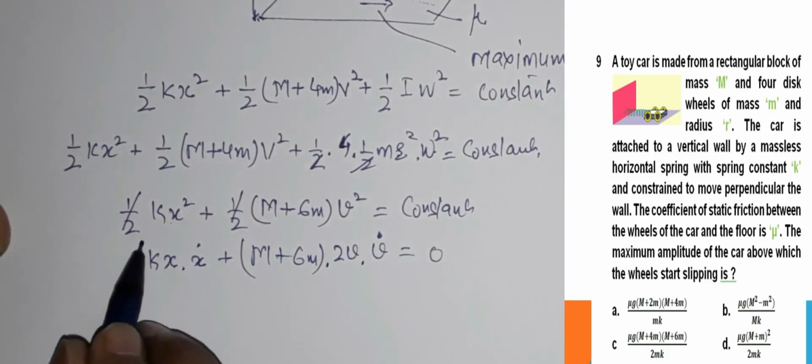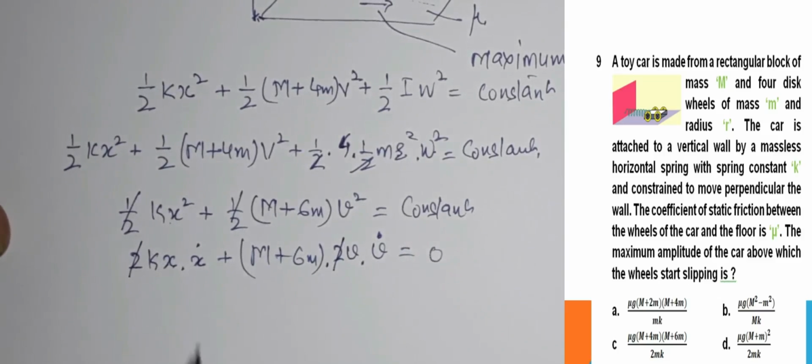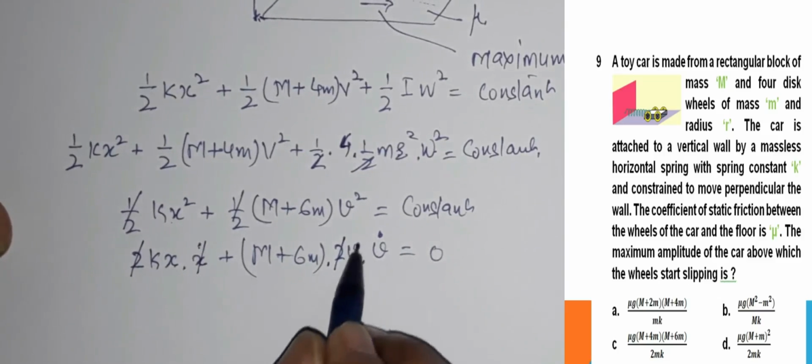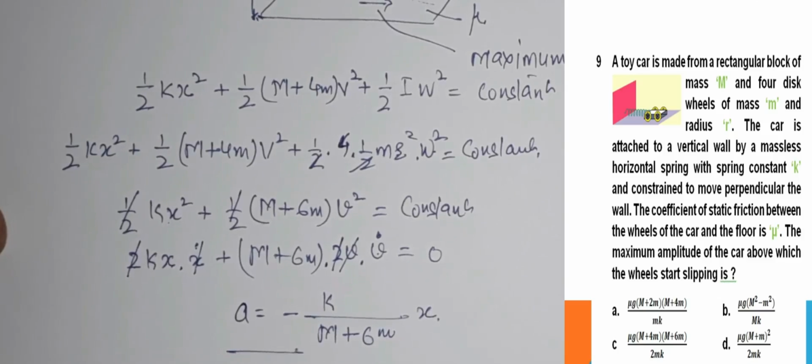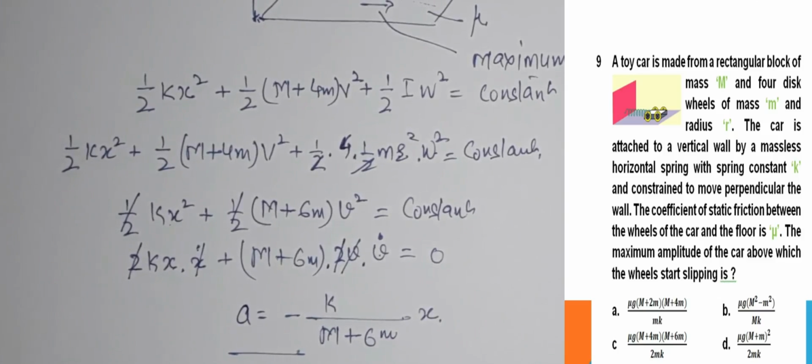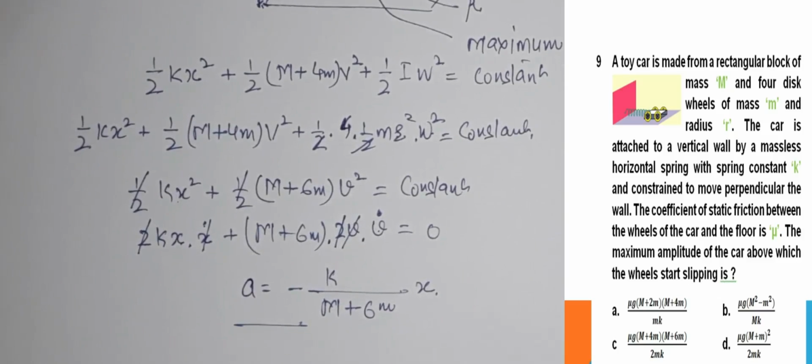From here, 2 can be cancelled. This x dot is velocity, this is velocity, this is acceleration. So acceleration is equal to minus k upon m plus 6m into x. This is the acceleration.